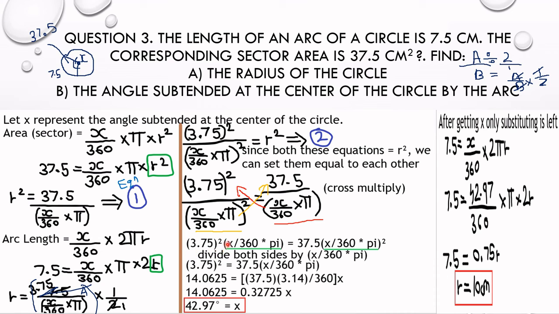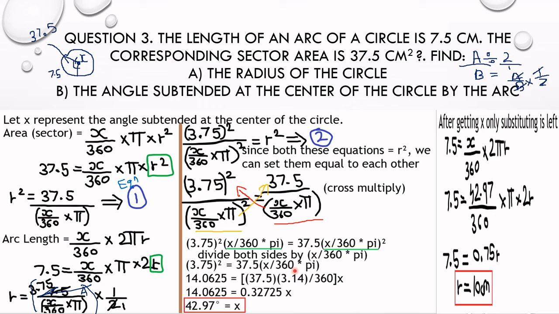3.75 square into x upon 360 into pi equals 37.5 bracket open x upon 360 into pi square. Now we can see both as x upon 360 into pi, x upon 360 into pi. So we can divide both sides by x upon 360 into pi, so that we get rid of this square which we don't want. So we get 3.75 square equals 37.5 bracket open x upon 360 into pi bracket close.